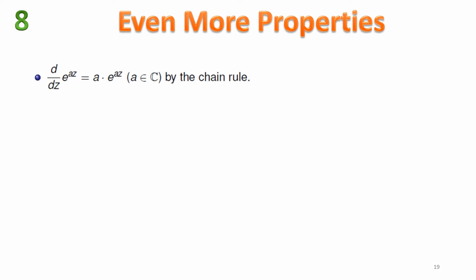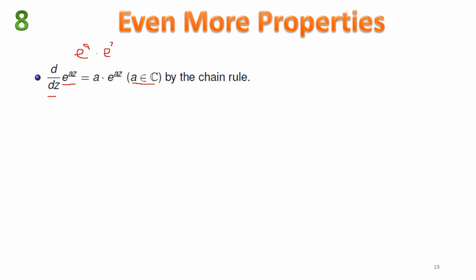Now we are looking at even more properties of the complex function, which is in fact the exponential function. Now d dz of e to the power az, where a is a constant quantity that belongs to the set of complex numbers. Here this quantity e to the power az we can write as e to the a into e to the power z.